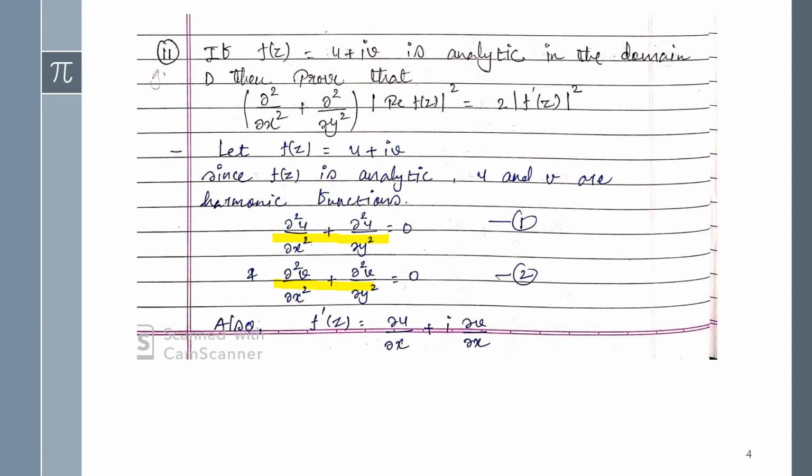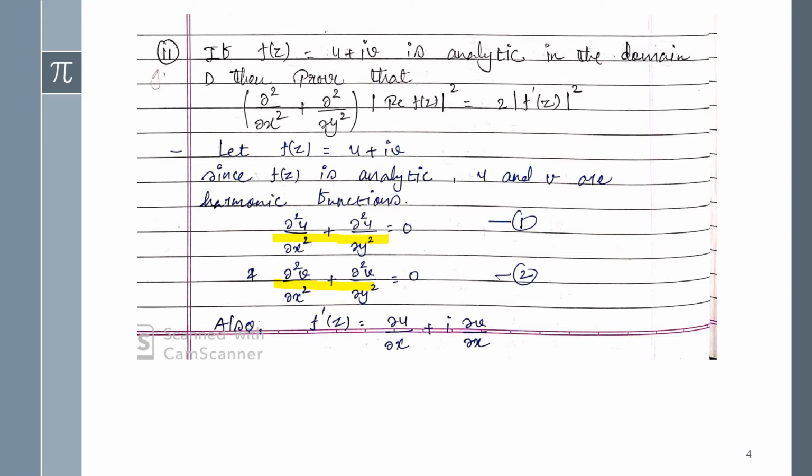Okay, so in the very first part, what we did: it's given f of z is analytic, and from analytic we can write the given function will be harmonic. So we can say that u and v both are harmonic functions. So there are conditions for both of these specific function components.